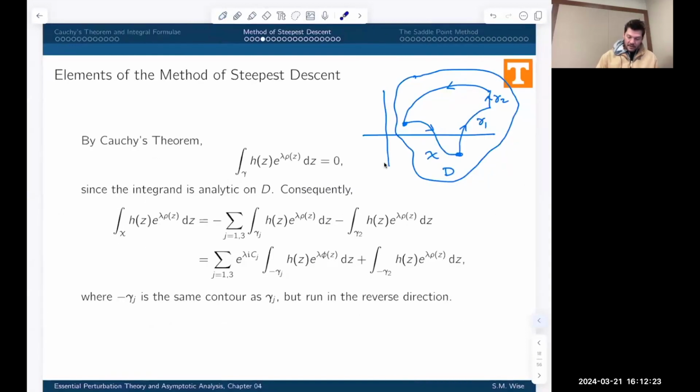It's comprised of the function h of z, which is assumed to be analytic on that set, and e to the lambda rho of z, where rho of z is also assumed to be complex analytic on that set, meaning that it has one derivative and therefore, via what we learned last time, has an infinite number of derivatives on that set.